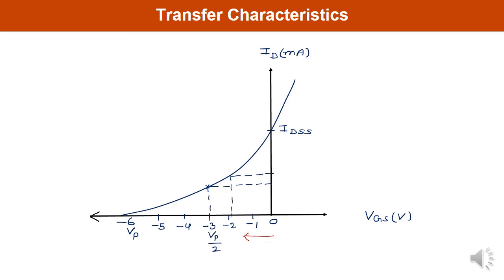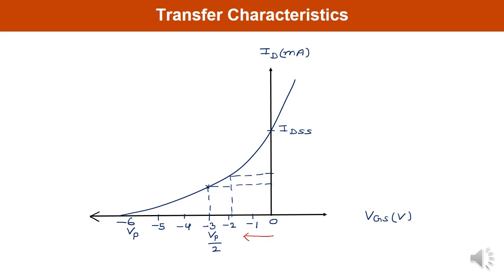Recombination between the electrons and holes will occur because of this negative potential. When you are applying it at the gate, the electrons which are available in the channel will be recombined and reduce the number of free electrons available in the channel for conduction. It means the higher the negative bias, as you are moving towards the left, the more the recombination. And more recombination means less drain current.